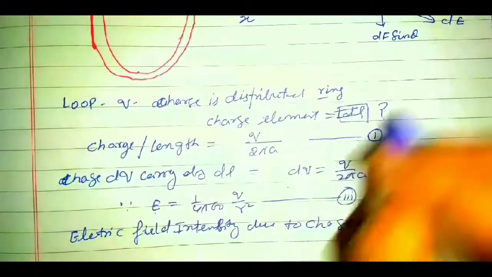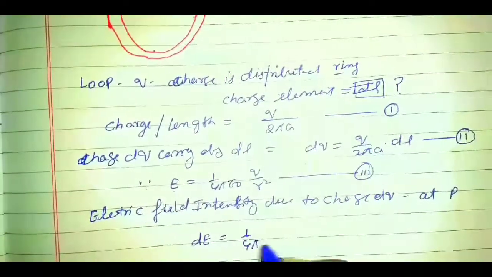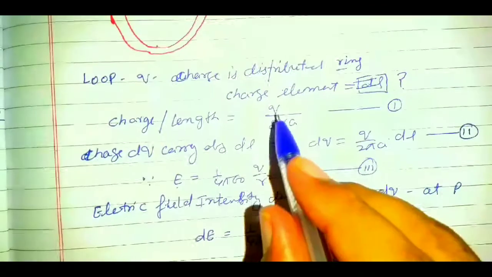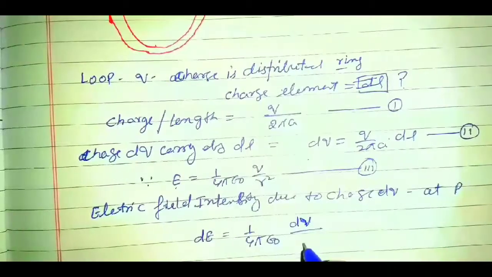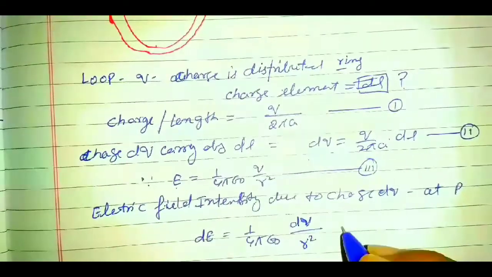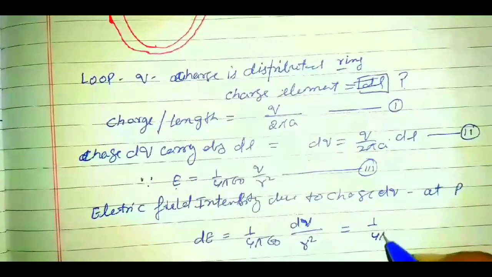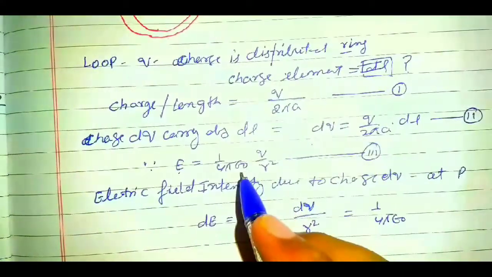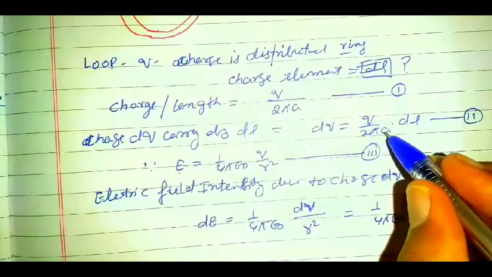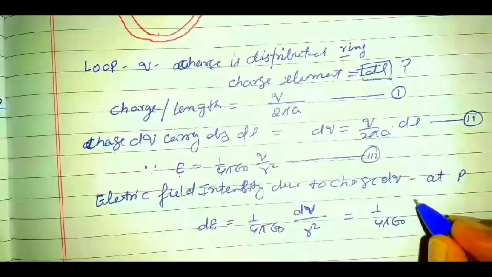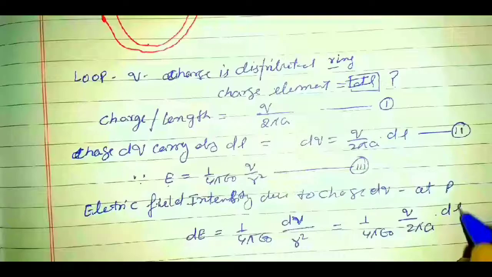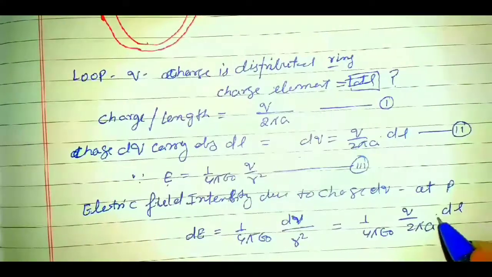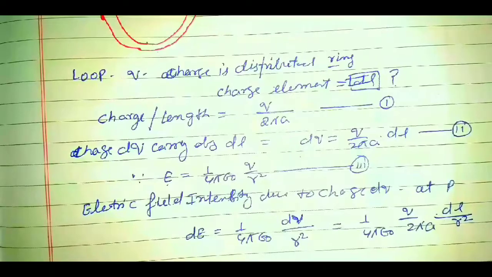We are going to use a small charge, dE is equal to 1 upon 4 pi epsilon 0 dQ by R square. dQ is given by equation 2, so it is 1 upon 4 pi epsilon 0 into Q upon 2 pi A dl, by R square.